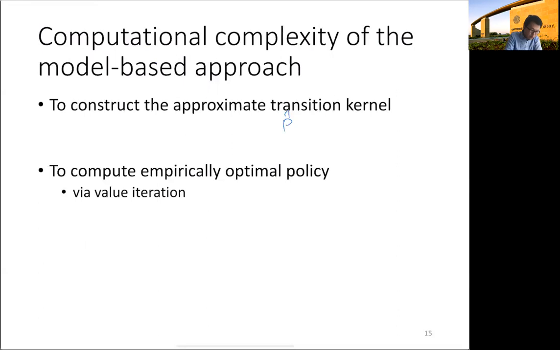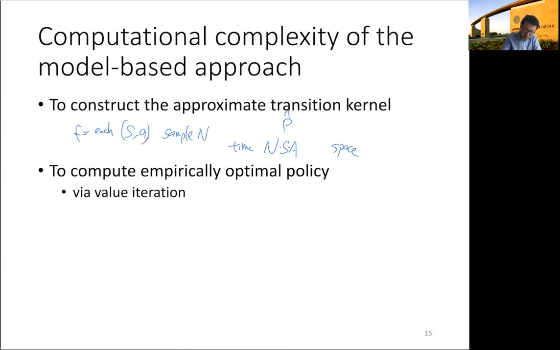Recall that for each SA pair, we sample n copies, right? So the time complexity will be proportional to n times SA. And the space complexity will be the space of P hat.